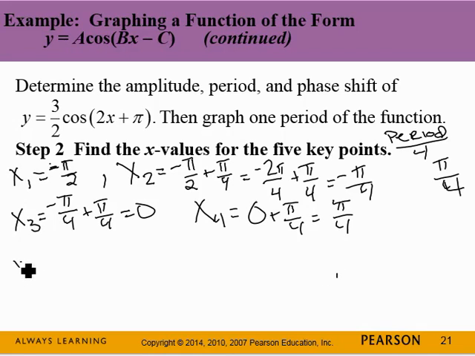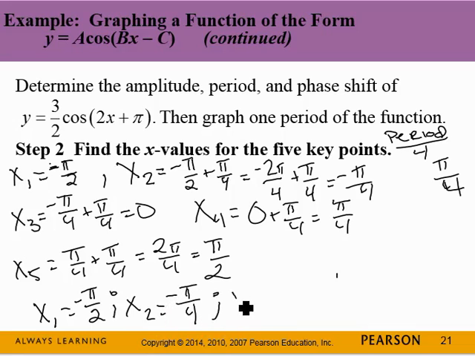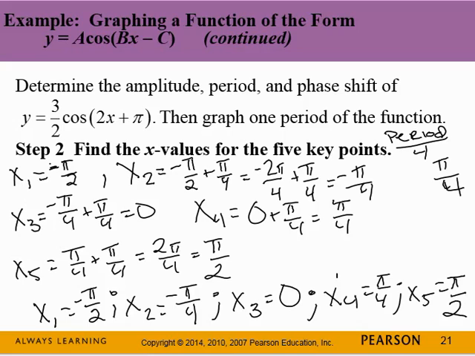And then x5, pi over 4 plus pi over 4, 2 pi over 4, which is just pi over 2. So x1 is negative pi over 2, x2 equals negative pi over 4, x3 was 0, x4 is pi over 4, and x5 is pi over 2.